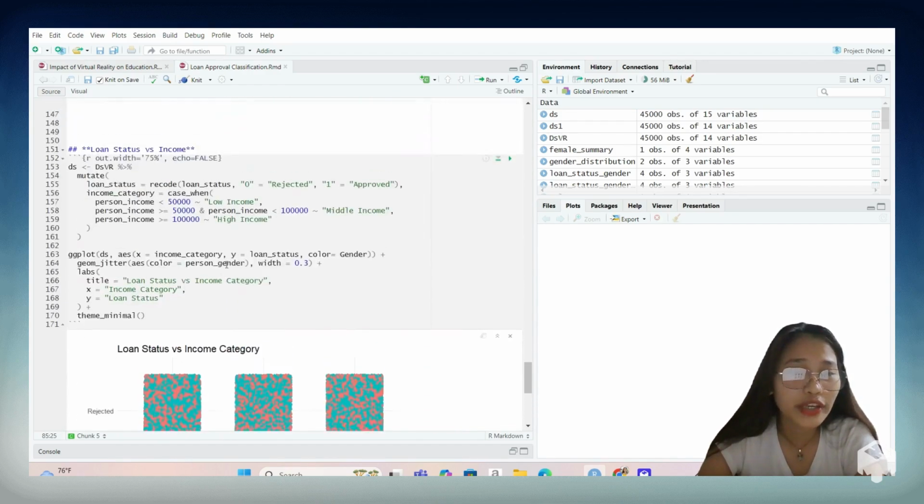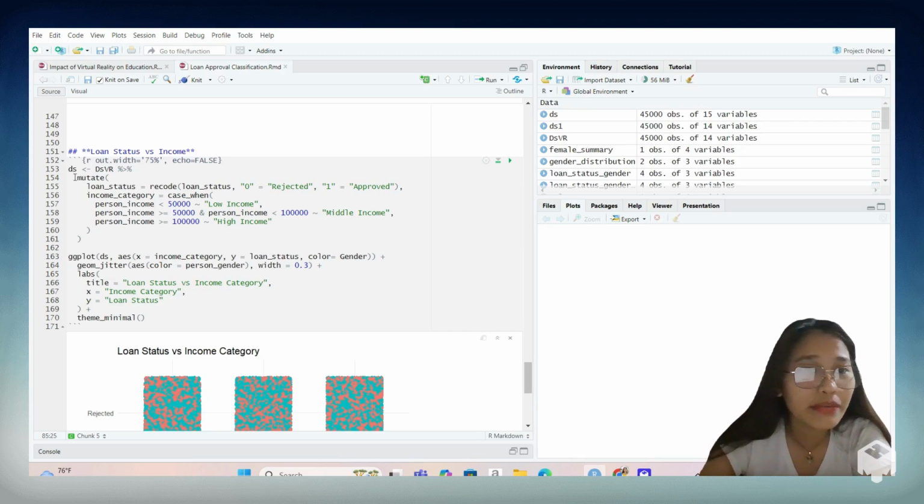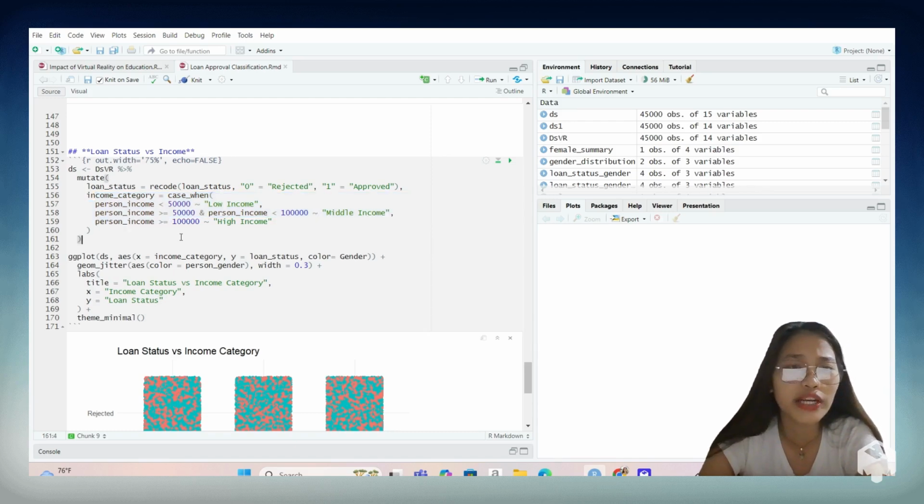And also here, as you can see, I mutated the loan status and the person income, because the income of each applicant is a continuous variable. That's why I used income category and case when. So when person income is less than 50,000, that will be low income.